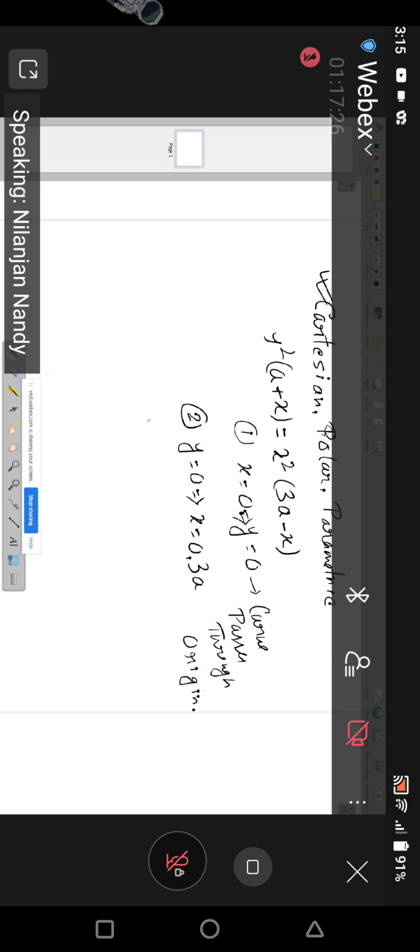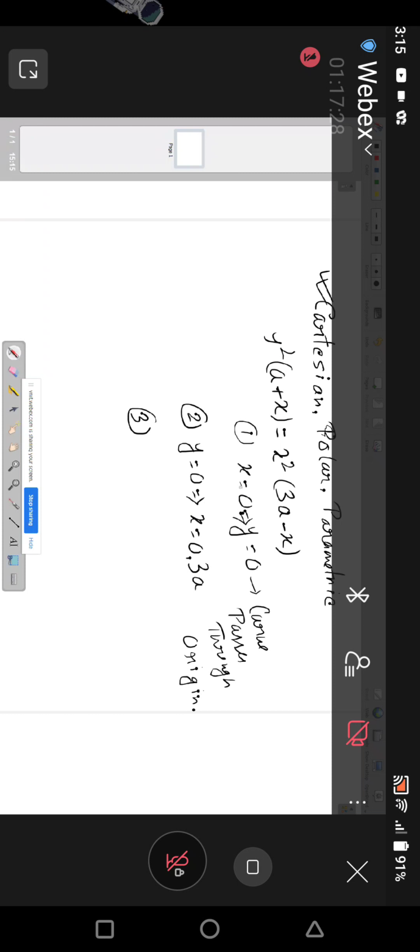So third point, you have to check the symmetry. If you put minus x for x, the curve is changing, so the curve cannot be symmetric about the y-axis. But if you substitute minus y, then it is the same curve. So this implies that the curve is symmetric about which axis? X-axis.